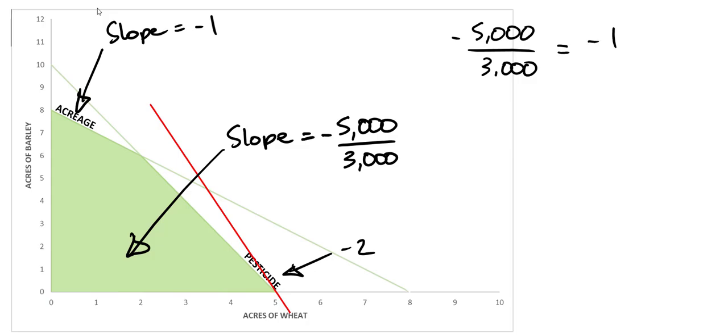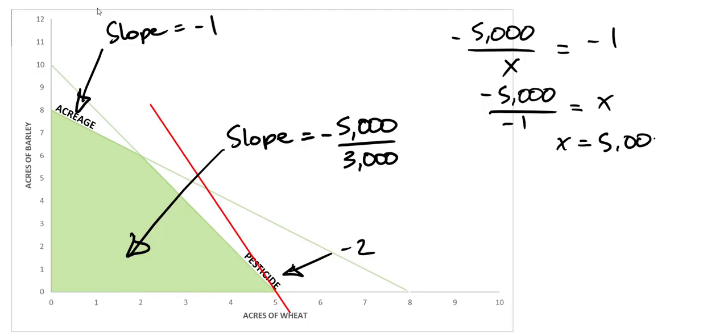But again, now we will be altering the $3,000 coefficient, the coefficient of barley. Quickest way I think to do it is just to alter these two variables. So I would end up with -5,000 over -1 is equal to x, or x is equal to 5,000. So right now, the price of barley is $3,000 per acre. That could go up to $5,000 per acre, and I wouldn't change my decision.